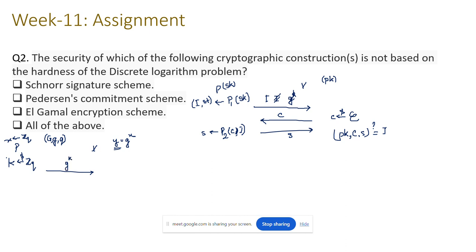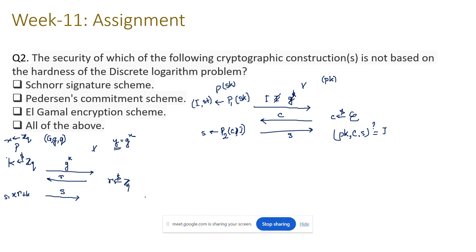Due to the discrete logarithm assumption, from g to the power k it is hard for V to guess the value k. Next, V chooses a challenge r, which is again a uniform random element from ZQ, and sends the challenge r to P. P now computes the value xr plus k, denote it with S, and sends it to the verifier.